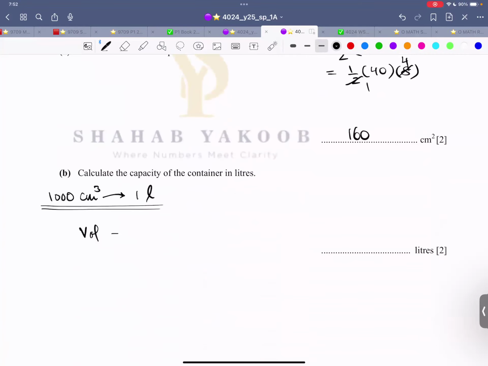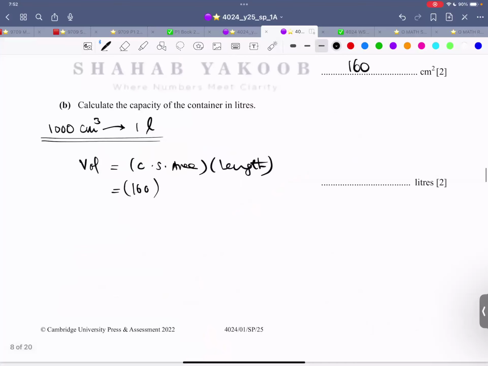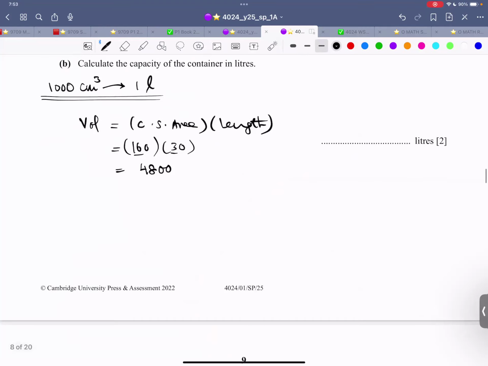So volume is the cross-sectional area into length. Write the formula, cross-sectional area into length. So this is 160. How much is the length? Length is 30. So 160 into 30. 3 into 16 is 48. So 48, and then there are 2 zeros. So 4800. Now do the conversion.